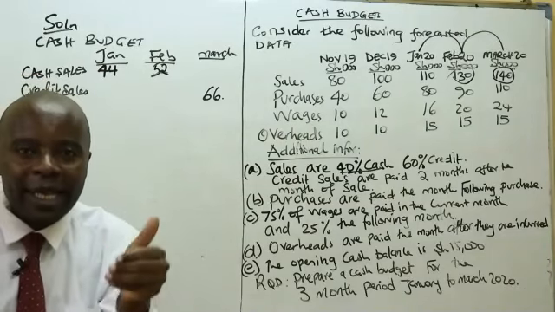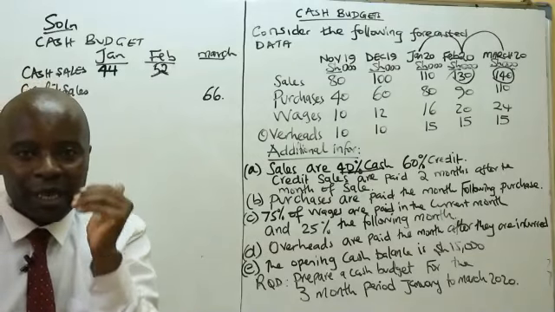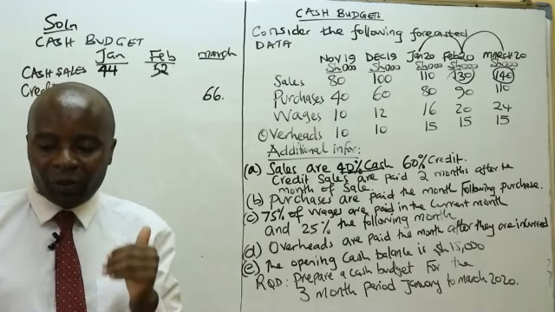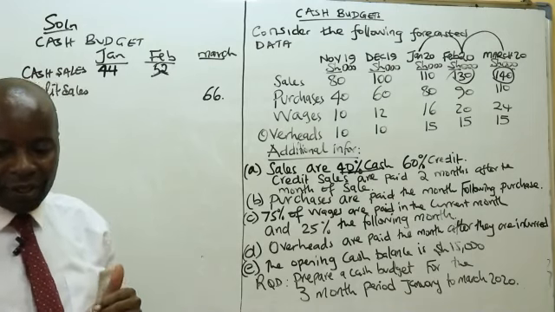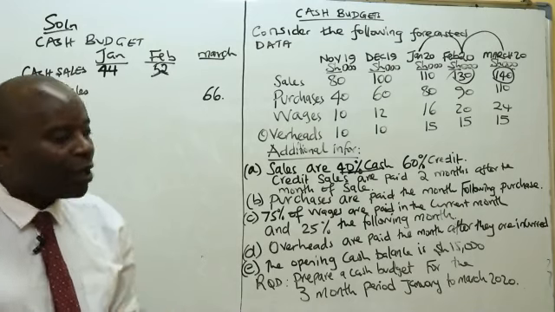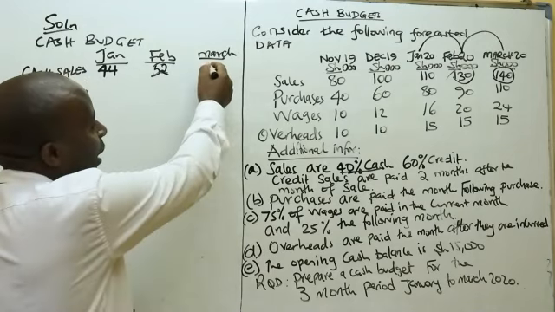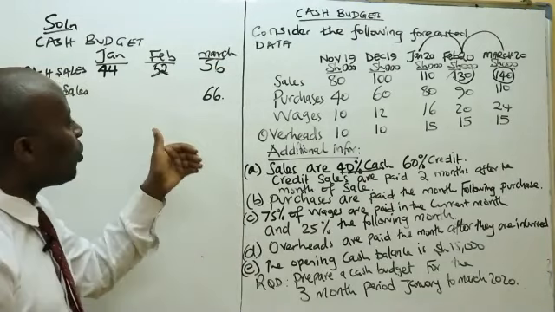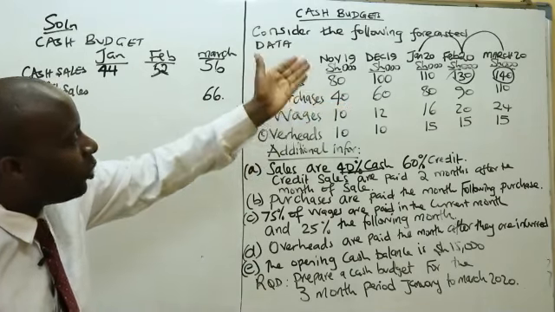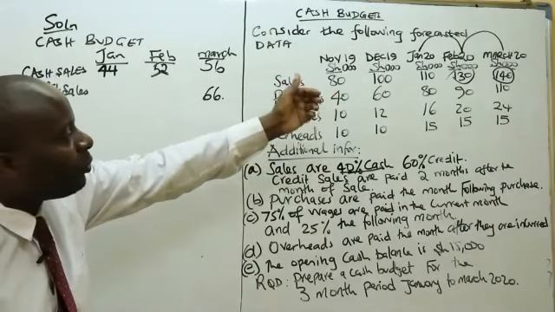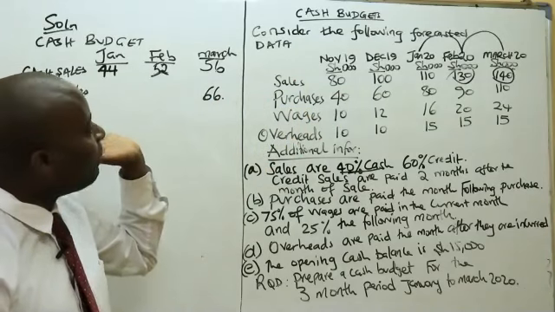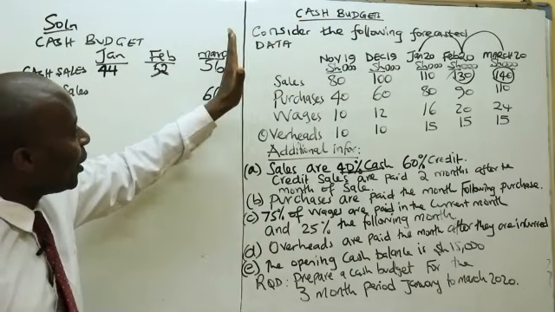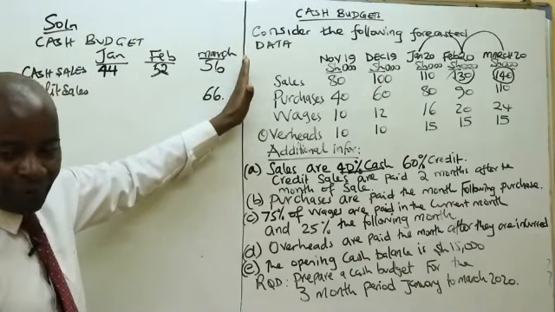So 40% to be received in this month will be how much, somebody? 56, I'm being told 56. So 56 is what I will come and book in here as a cash sale. The 60% of the 140 will not bother me because I will be receiving that money in a month which is outside my cash budget period.